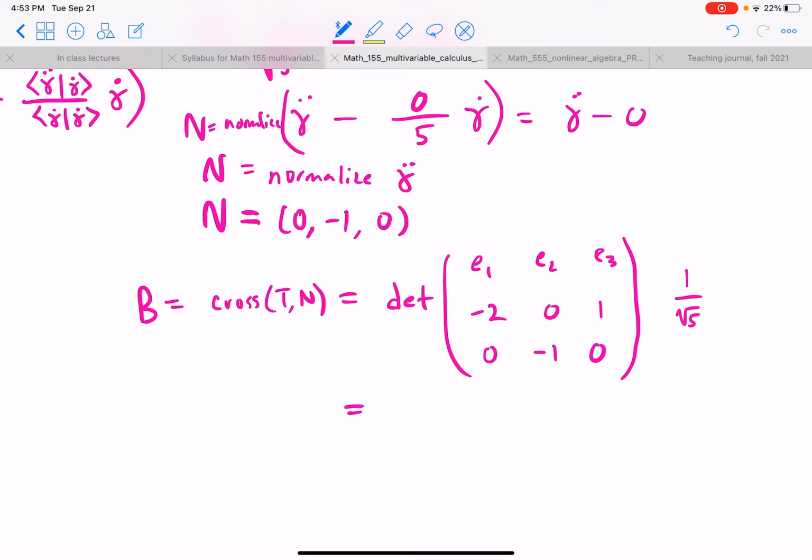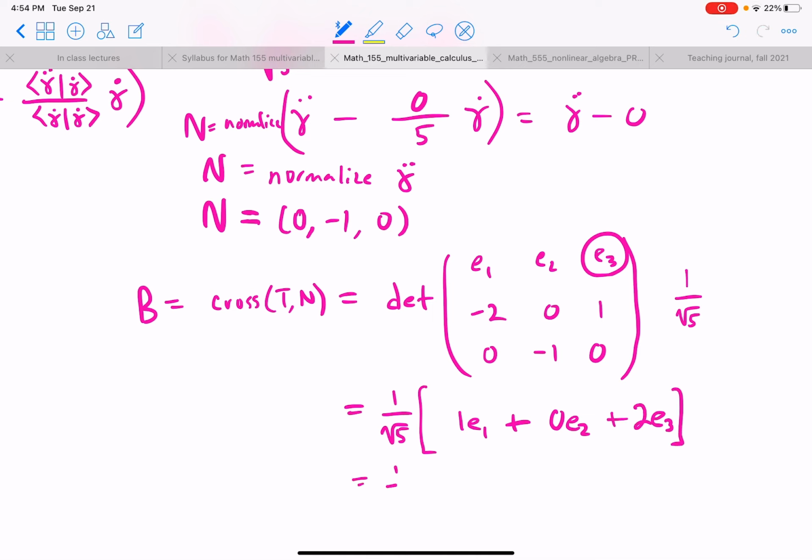And now I can compute this. It'll be 1 over the square root of 5 times some vector that comes out of this determinant. So e1 times 0 minus negative 1, that's going to be 1 e1, plus e2 times 0 minus 0, so none of e2, and then e3 times 2 minus 0.